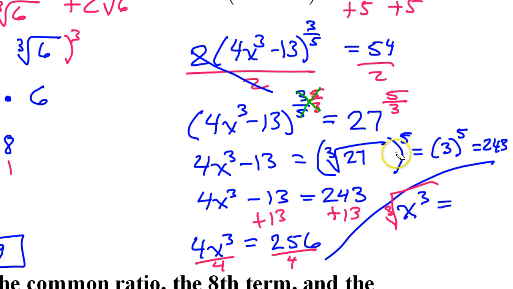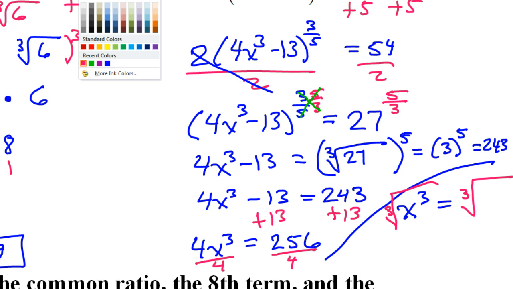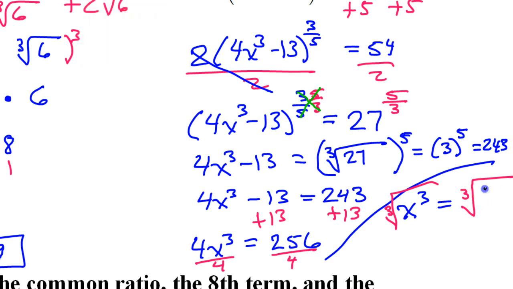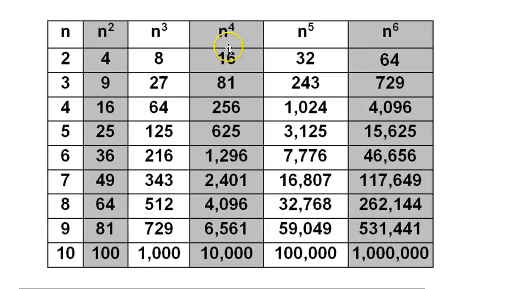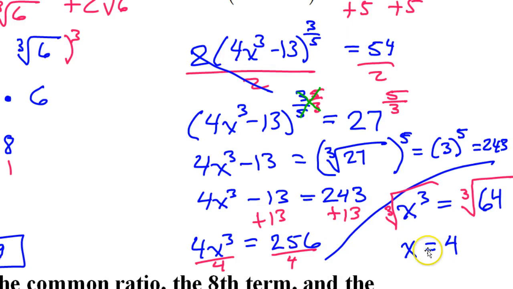So I'm going to move that over. All right, so this uncubes the x, and that just gives me x equals. And the cube root of 64 is 4. All right, the cube root of 64 is 4. And that is the answer.